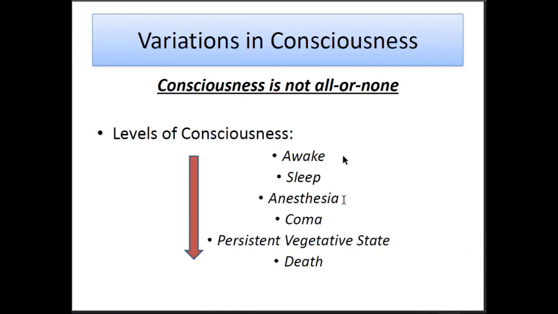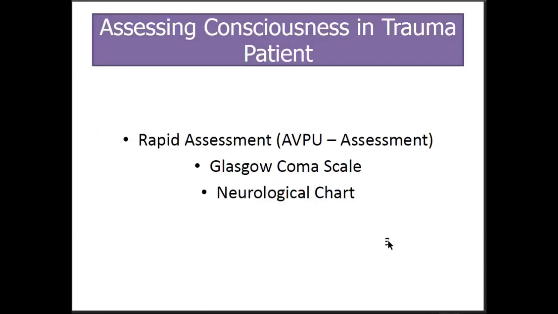Be aware that anesthesia is somewhat heavier than sleep and somewhat lighter than coma. And when you reach deep coma, you can have persistent vegetative state and even death, God forbid. Okay, so in a trauma patient, be aware of this.